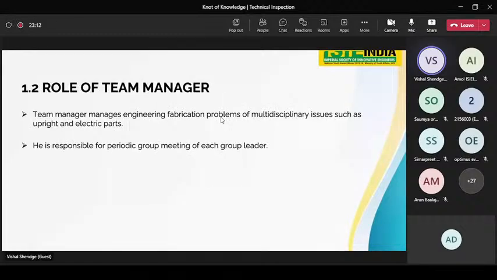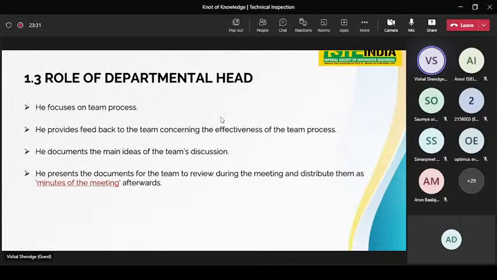Then, what is the role of team manager? Team manager manages engineering fabrication problems of multidisciplinary issues such as upright and electrical parts and any other manufacturing problem also. He is responsible for periodic group meetings of each group leader. Then what is the role of departmental head?